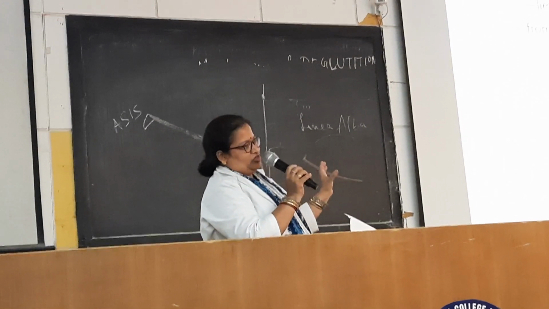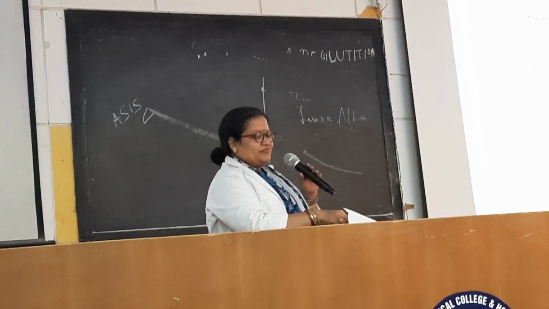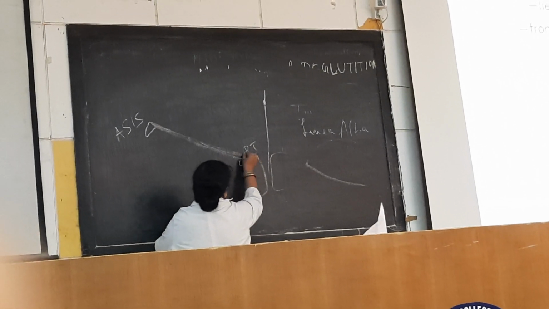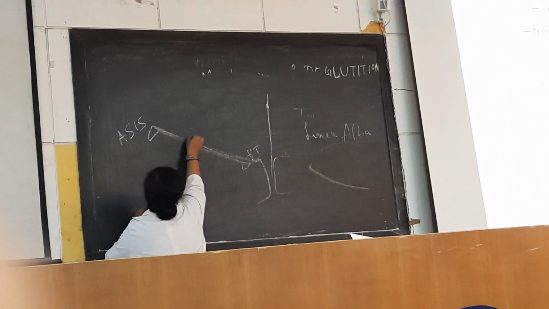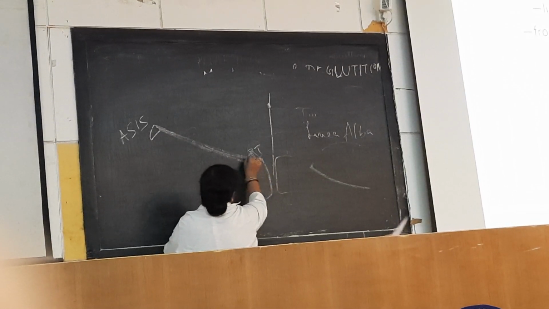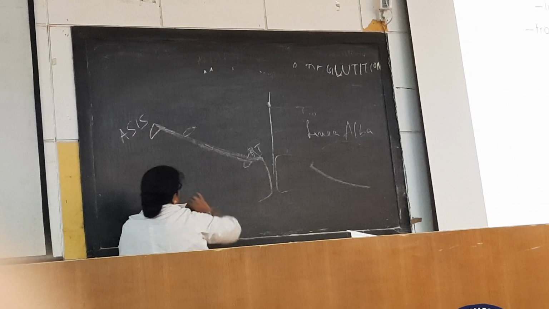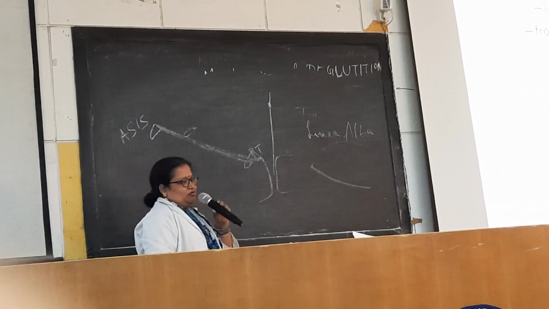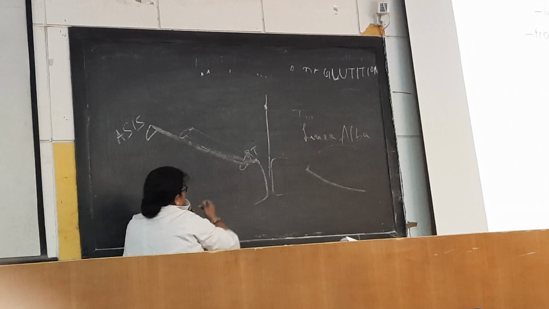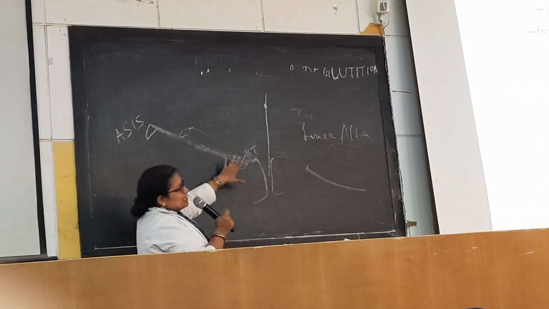The canal is short. If there is a canal, there will be an opening here and here: a superficial inguinal ring and a deep inguinal ring. When you join from ring to ring, that will be the inguinal canal.